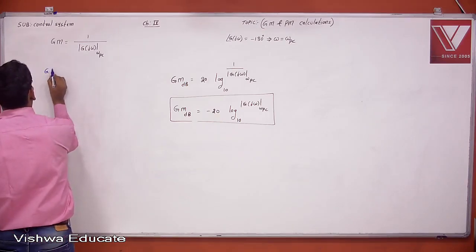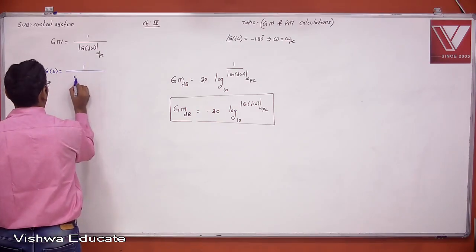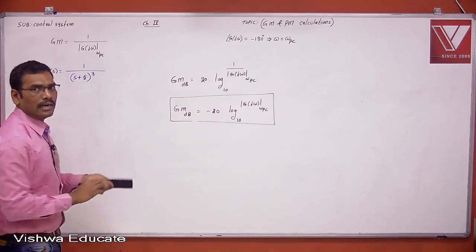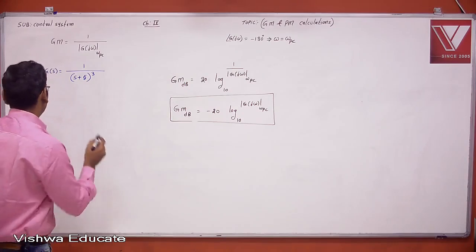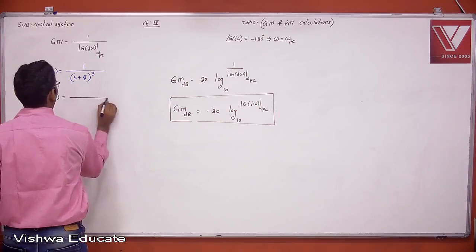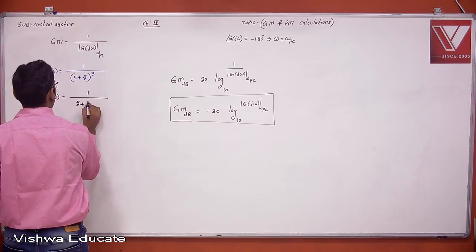Now G(s) is equal to 1 by (s plus 5) whole cube. This is the open loop transfer function, and we are asked to find the gain margin. Replace s equal to j omega: G(j omega) is equal to 1 divided by (5 plus j omega) whole cube.